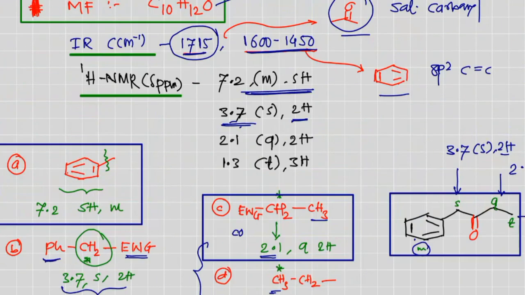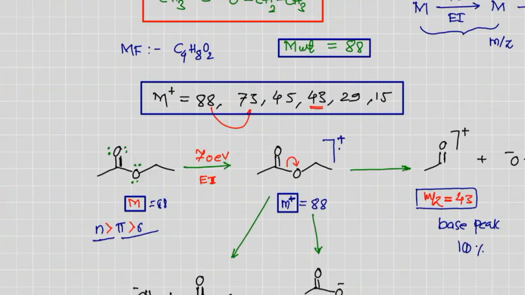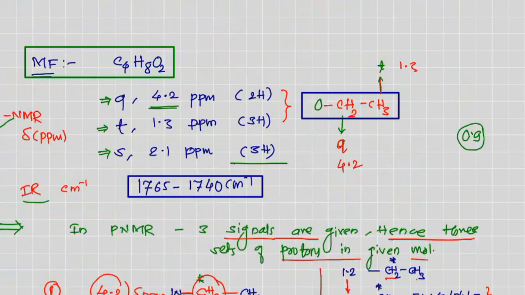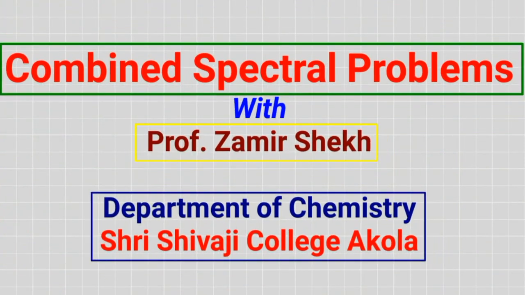So this is about how to analyze that compound. In this I have just mentioned two problems based on IR, NMR, and mass. Okay, so try to solve more examples with the help of all the techniques. Take a simple molecular formula and try to apply all the techniques.